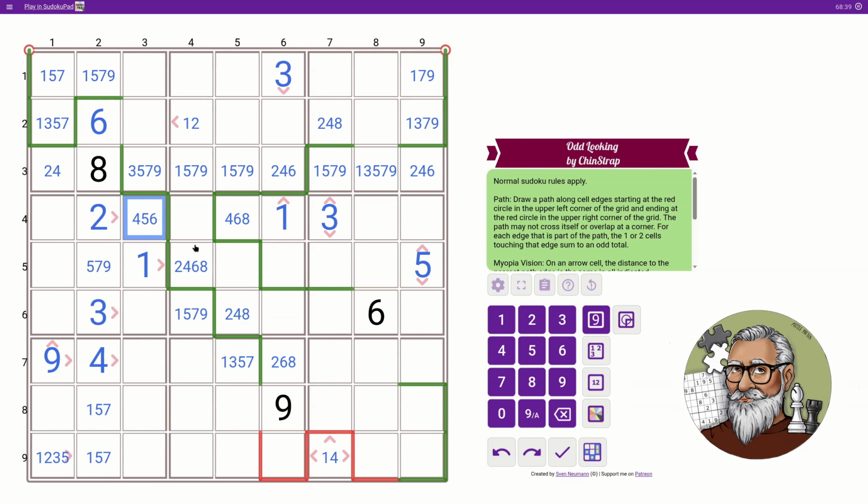4, 6, 8, which means that that's from 5, 7, 9. That's from 3, 7, 9. That's from 2, 4, 6, 8. And that one is from 1, 5, 7, 9. Nice.